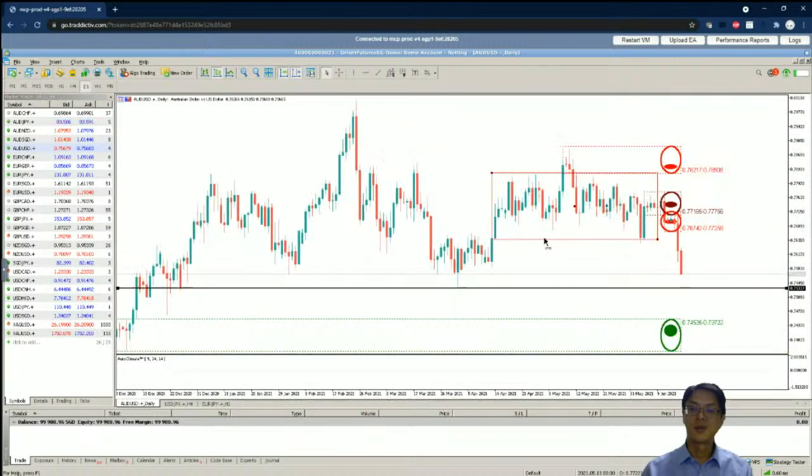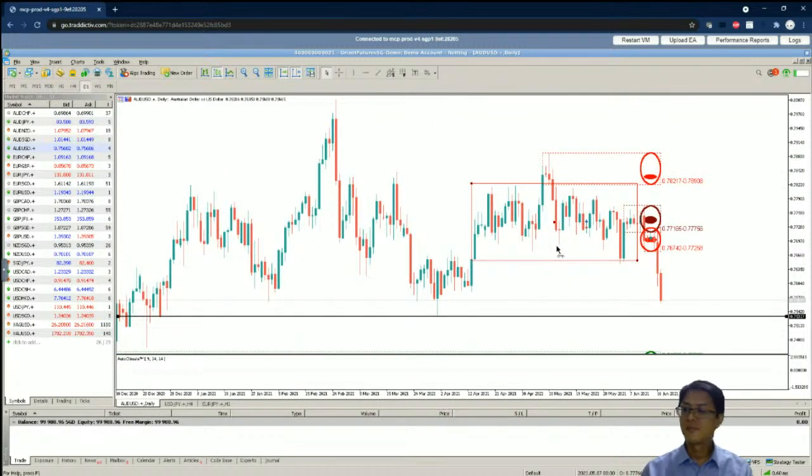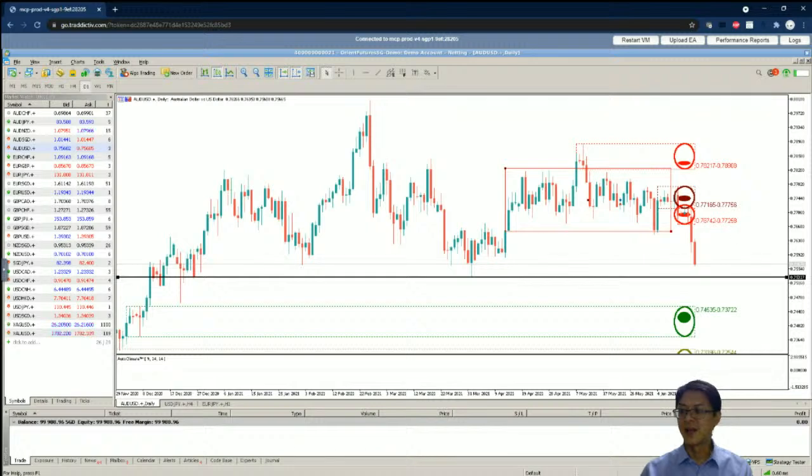So while this is a downward move, some downward pressure down here, we've got this sideways sort of action that had taken place, really.